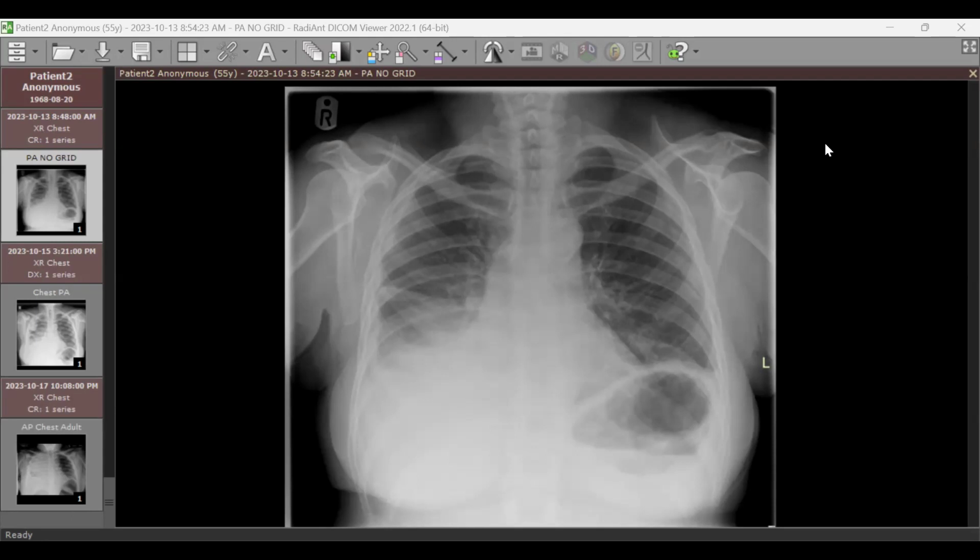Given the patient's history of renal problems, most likely pleural effusion.